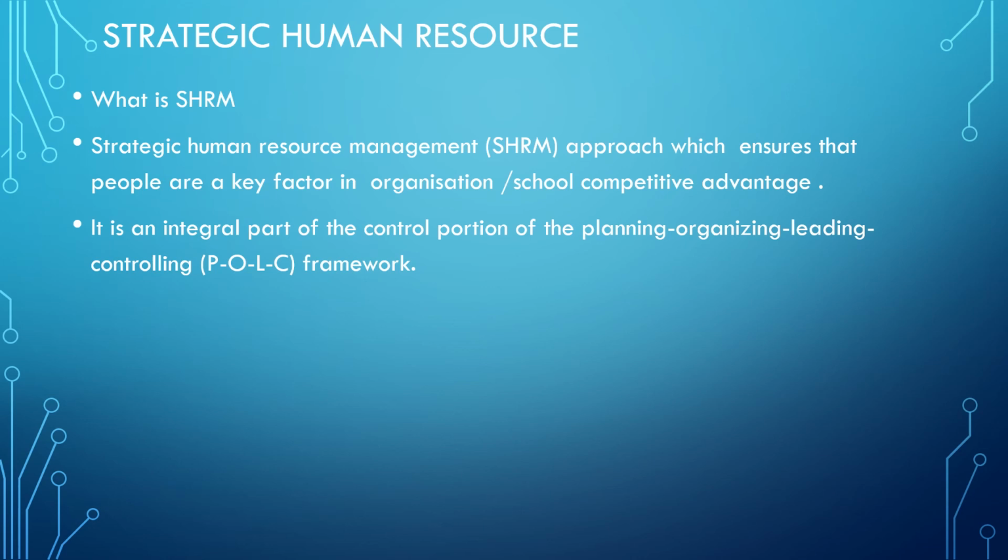To achieve this, organizations need to follow a strategic human resource management, SHRM, approach, which ensures that people are a key factor in an organization's or a school's competitive advantage. It is an integral part of the controlling portion of the planning, organizing, leading, controlling framework.